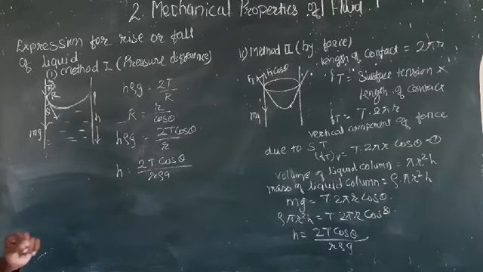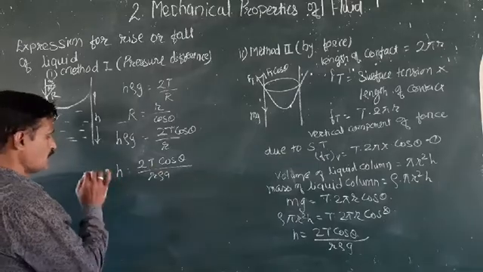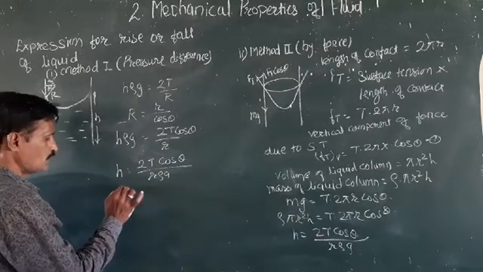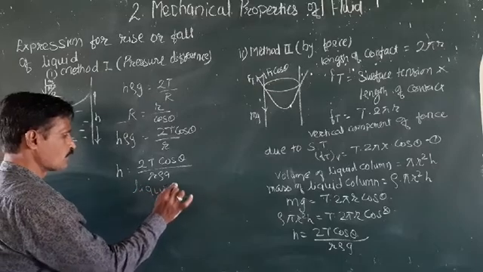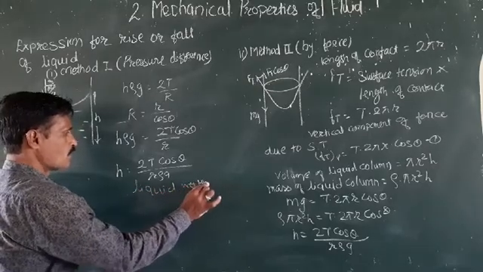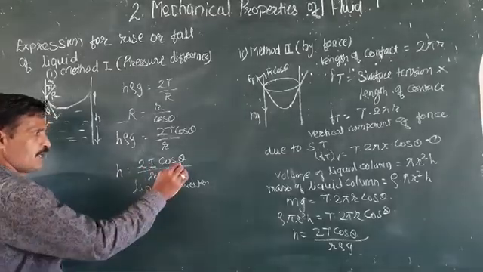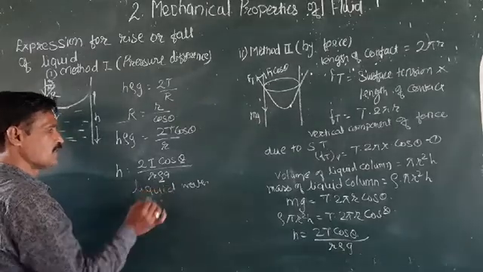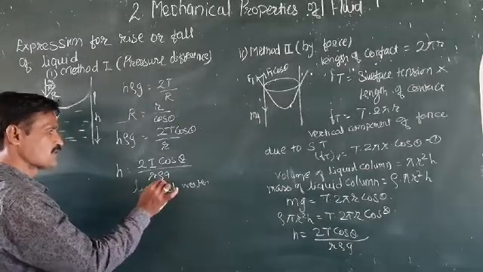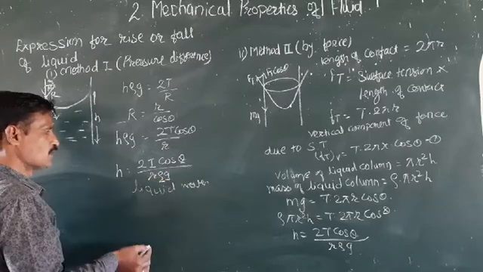From this, we can see that if we take a single liquid, that is water, the surface tension is constant, the angle of contact is also constant, the density of the liquid is constant, and acceleration due to gravity is also constant.